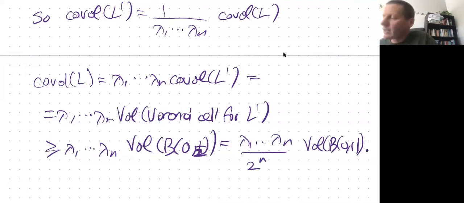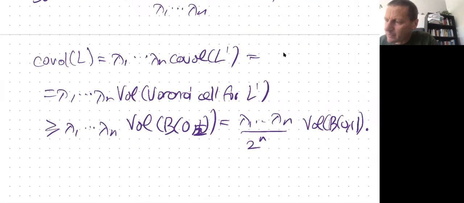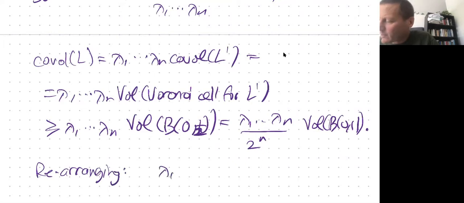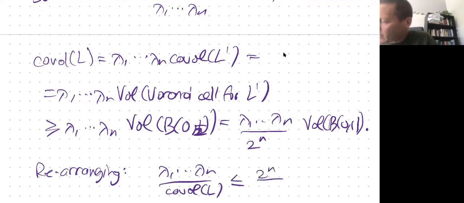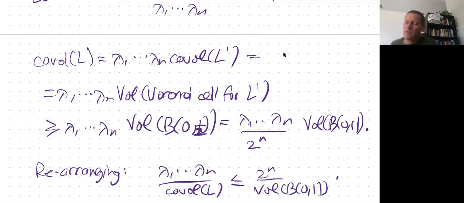And now moving the lambda i's over and moving the covolume over, so rearranging, we get this. This is less than or equal to 2 to the n, which is the right-hand side of the inequality. So that's what we wanted to do.